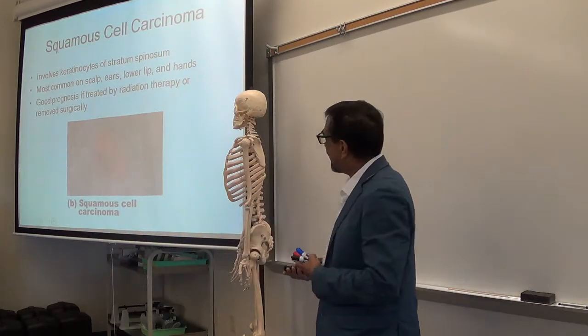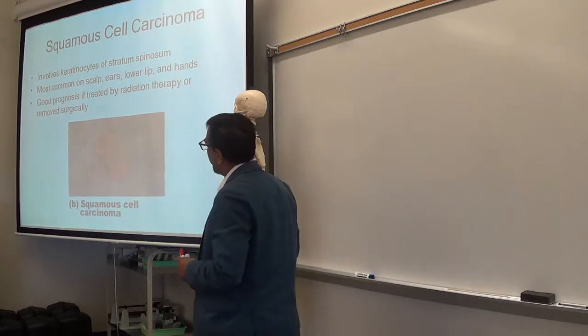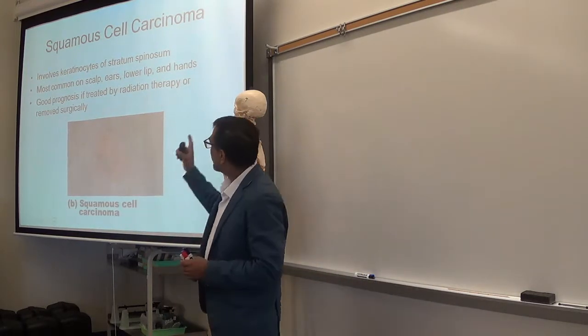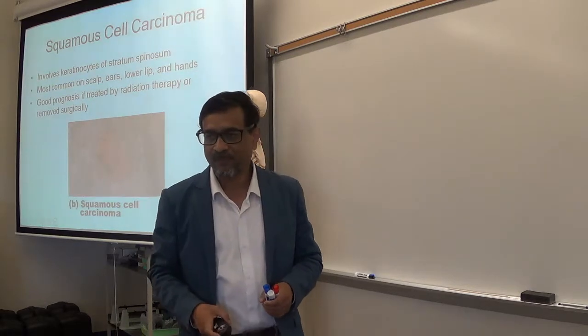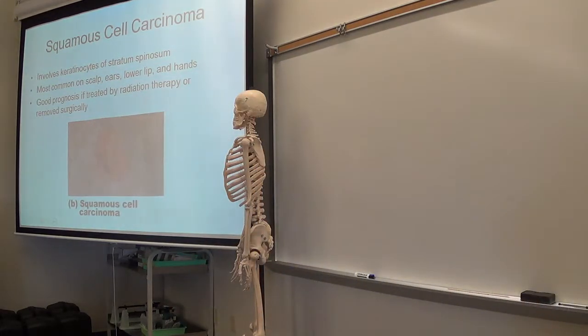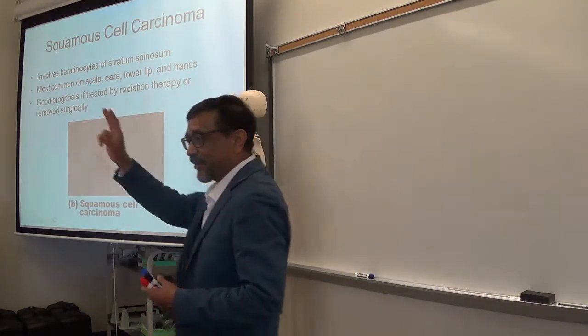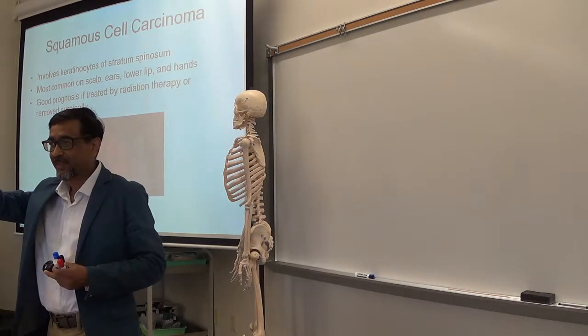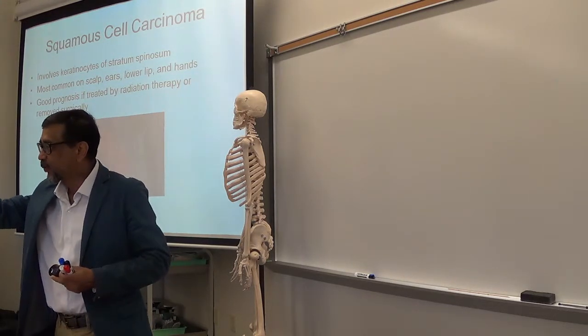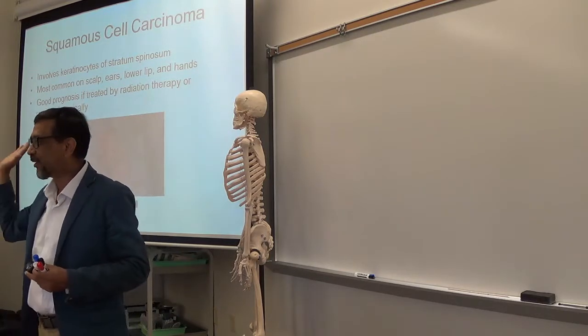Squamous cell carcinoma. Which cells are involved? Keratinocytes of stratum spinosum. In the stratum spinosum layer, you have keratinocytes, keratin producing cells. You must remember I explained that in last class, right? Keratinocytes produce keratin. Melanocytes produce what? Melanin.